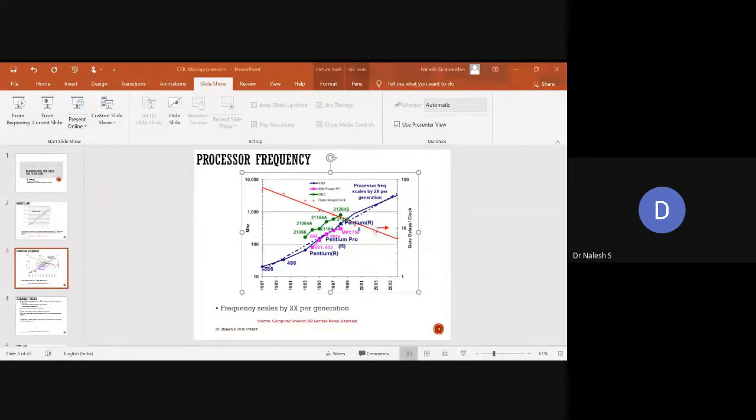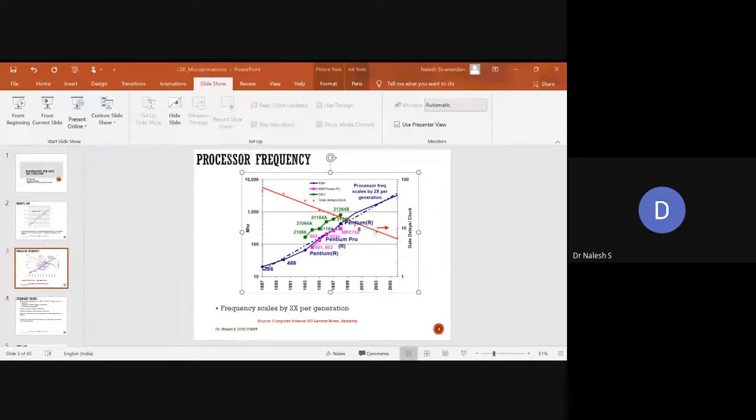Basically, the silicon technology is generally referred to by the transistor gate length, which is expressed in micrometers or nanometers. At that time, the minimum possible gate length was 10 micrometers, so the technology used was 10 micrometer.